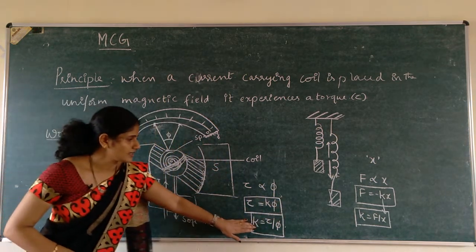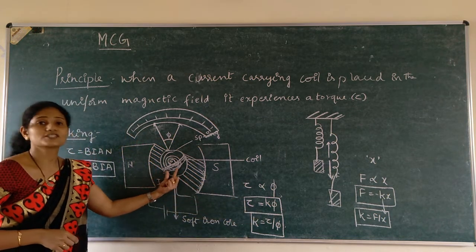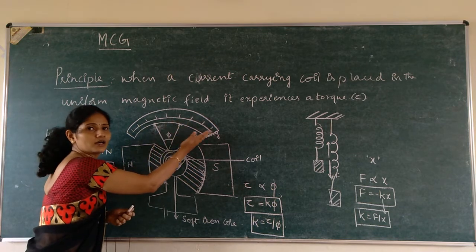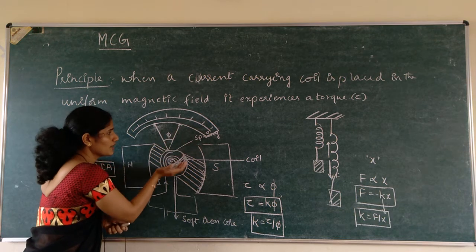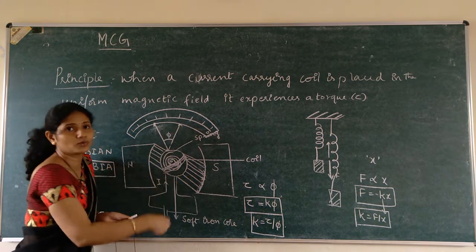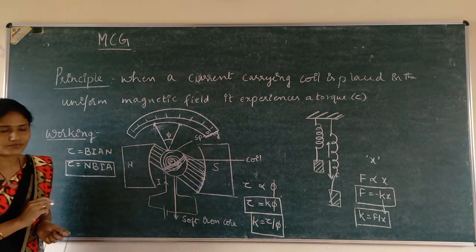So, this is the counter torque which is produced by the spring, otherwise the needle will move like this. In order to bring this needle to the original position, we need a counter torque, and that torque is produced by the spring.